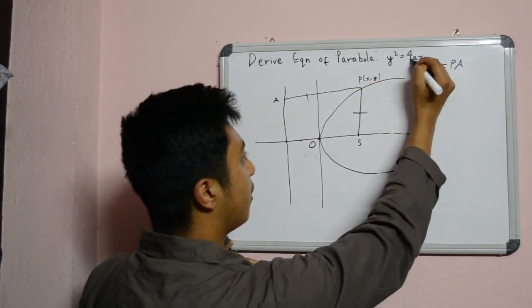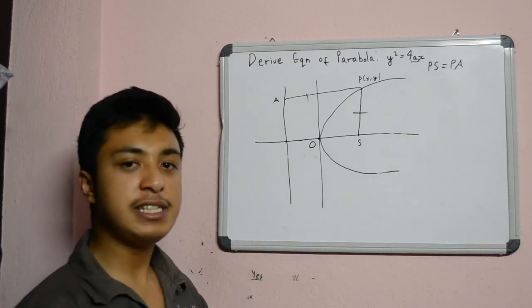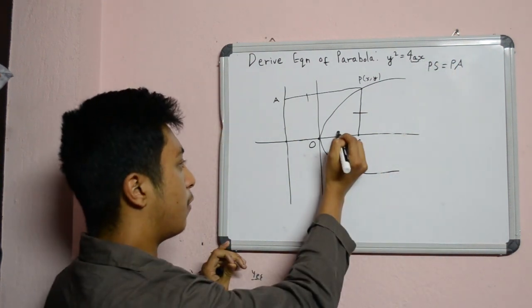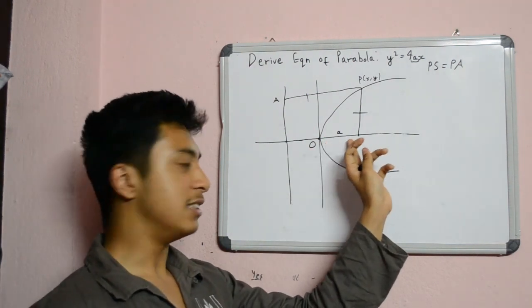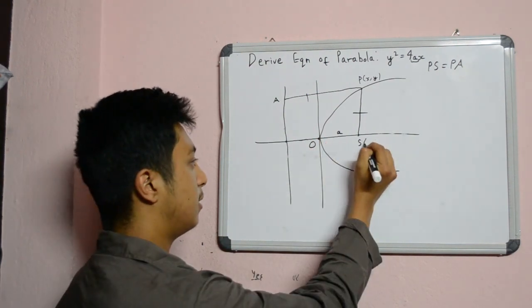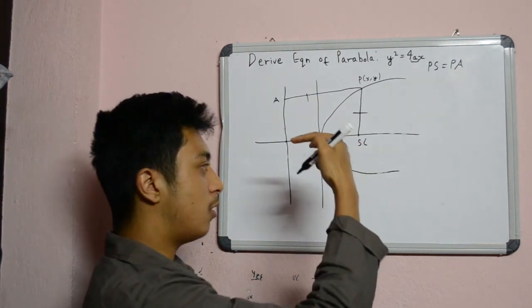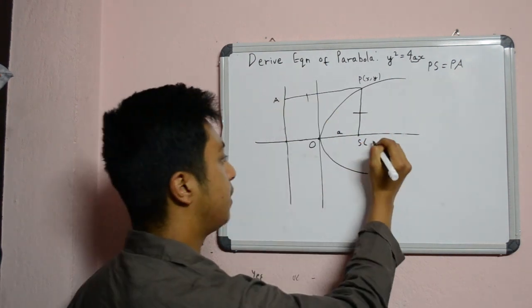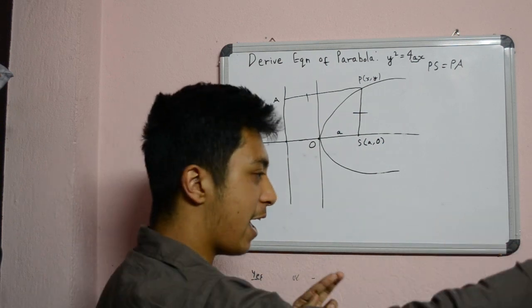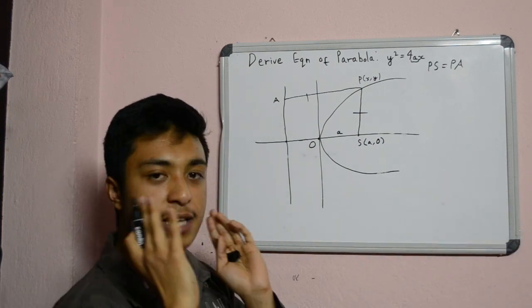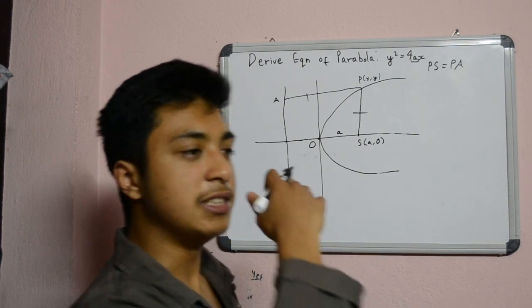And you see this a right here? This is actually the length from the focus to the vertex. So this length is a, and the coordinate of the focus will be a comma 0, because we have just traveled a along the x-axis without changing the y value.